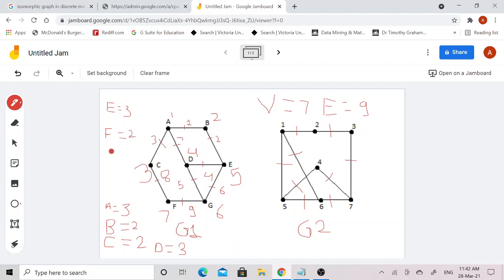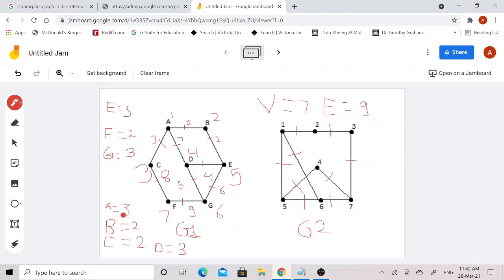And the last, node G. There are three edges connected to this node G, edge number 6, 4 and 9, so the degree of vertex for the node G is 3. So if we consider the graph G1, there are some nodes like node A, D, E and G that contain the degree of vertex 3.